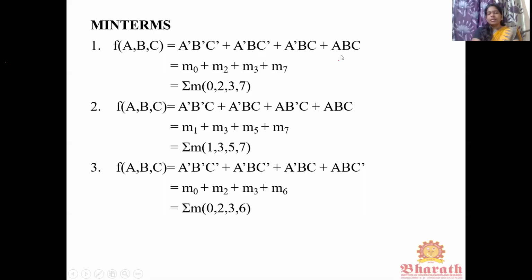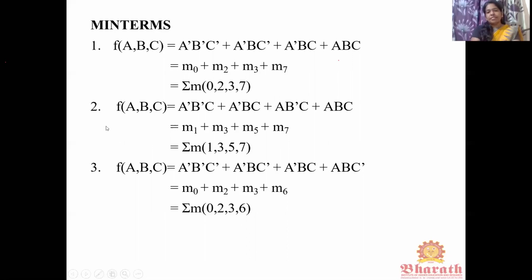Then here 1, 1, 1 is m7. You have to make a summation of small m, taking only the numbers 0, 2, 3, 7. These are the min-terms for this expression. So you have to identify the numbers for the given expression.